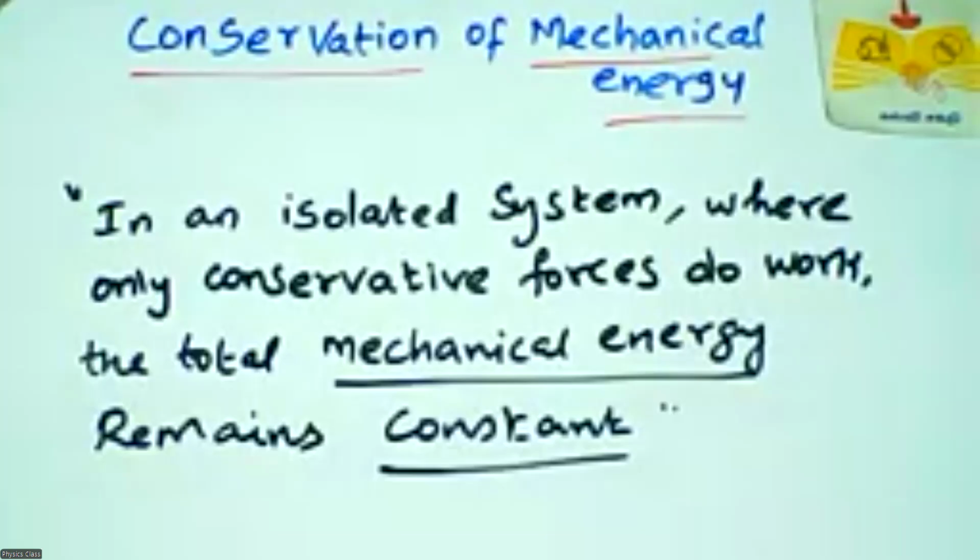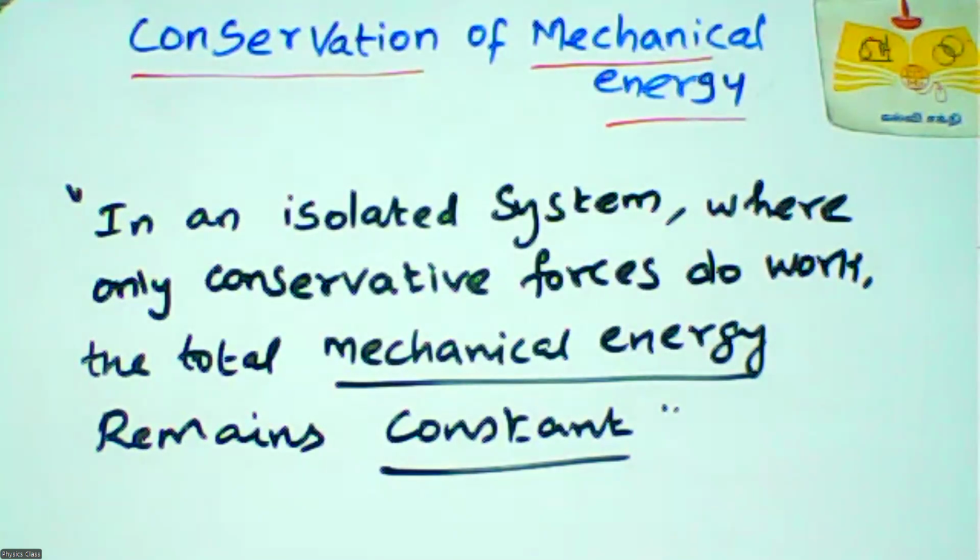Here 490 joule means: for the potential energy, mgh, for the kinetic energy, half mv square. We can put in the value of the mass of the ball, the velocity of the ball, and the height of the ball from the ground.